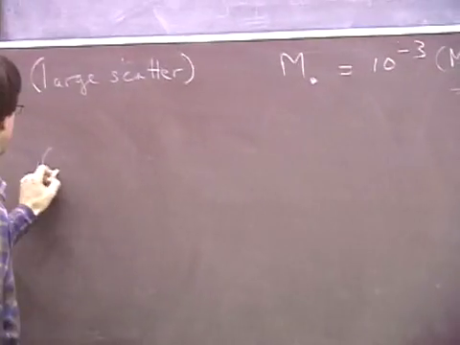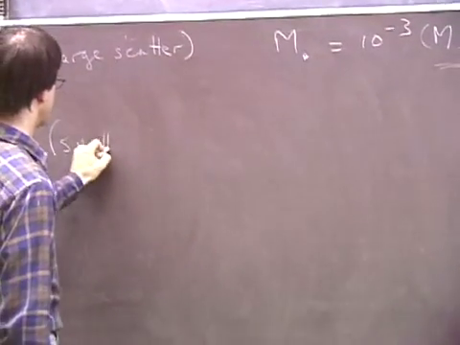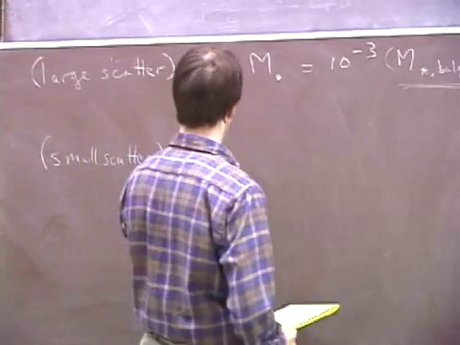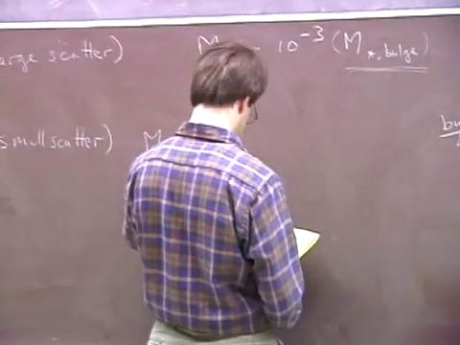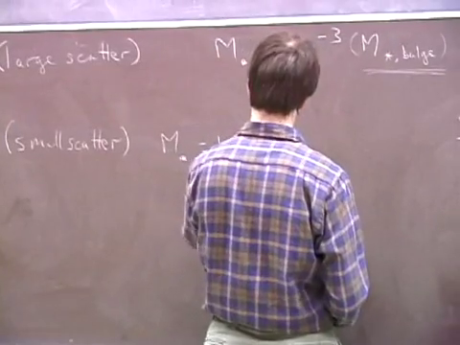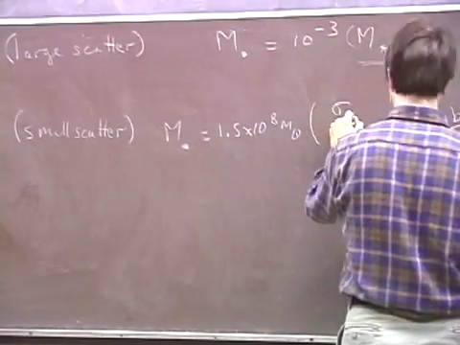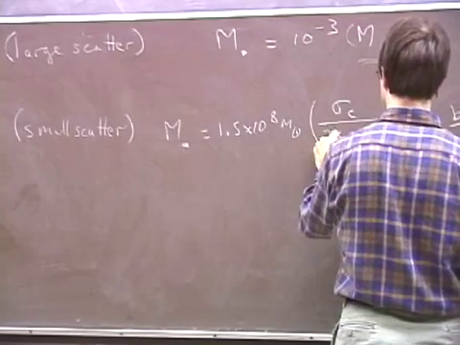So another expression which has a small scatter is that the mass in the central black hole is 1.5 times 10 to the 8 solar masses times the velocity dispersion.